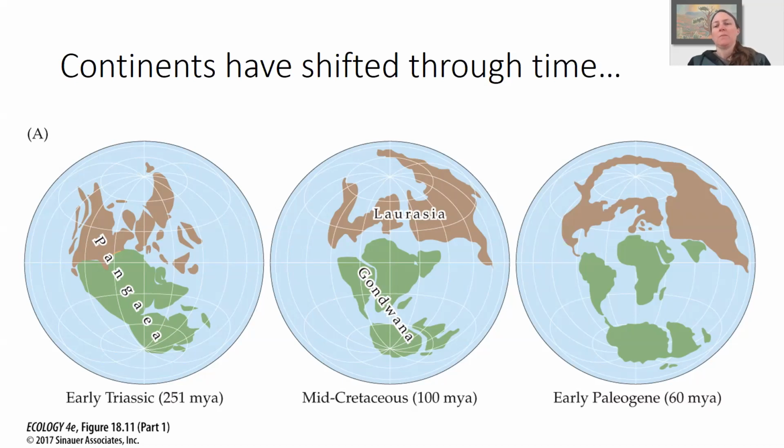By the early Paleogene, 60 million years ago, you can start to see some of our current day continents. They were still much closer together, but then they started to drift apart. What's neat about that is that these continents have some shared fossils and some shared evolutionary history.